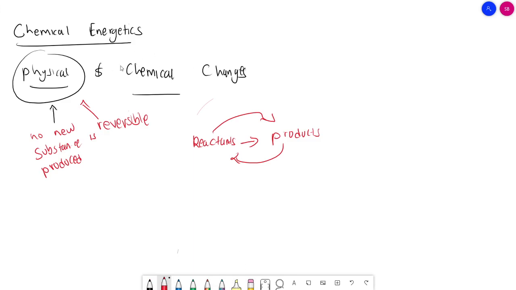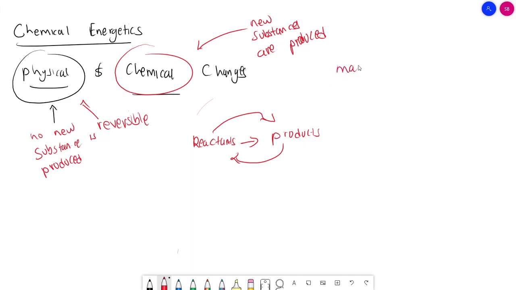But on the other hand, what are chemical reactions, or chemical changes? With chemical changes, basically new substances are produced. Some examples could be when you react magnesium with oxygen, which will form magnesium oxide.